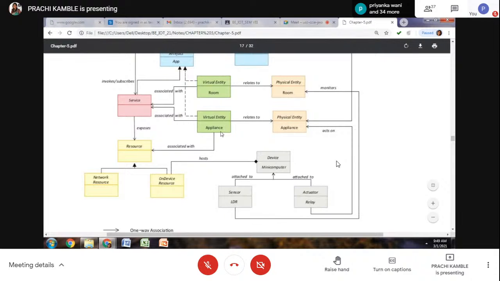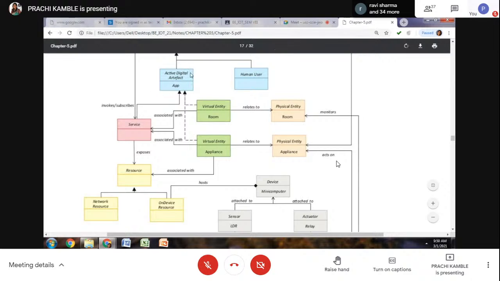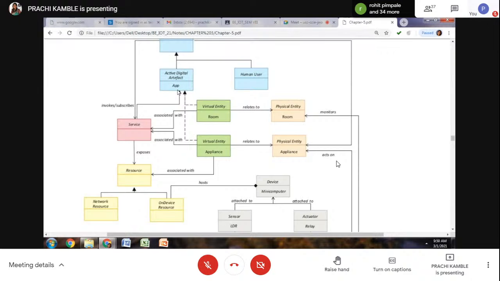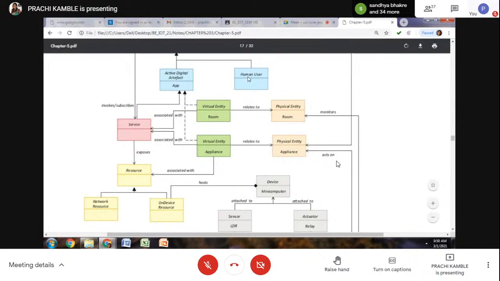Then there is a virtual entity, appliances. A virtual entity room is also required. It is connected to the application, that is your server where you want to access your resources, and these are the services. And this is the human user.